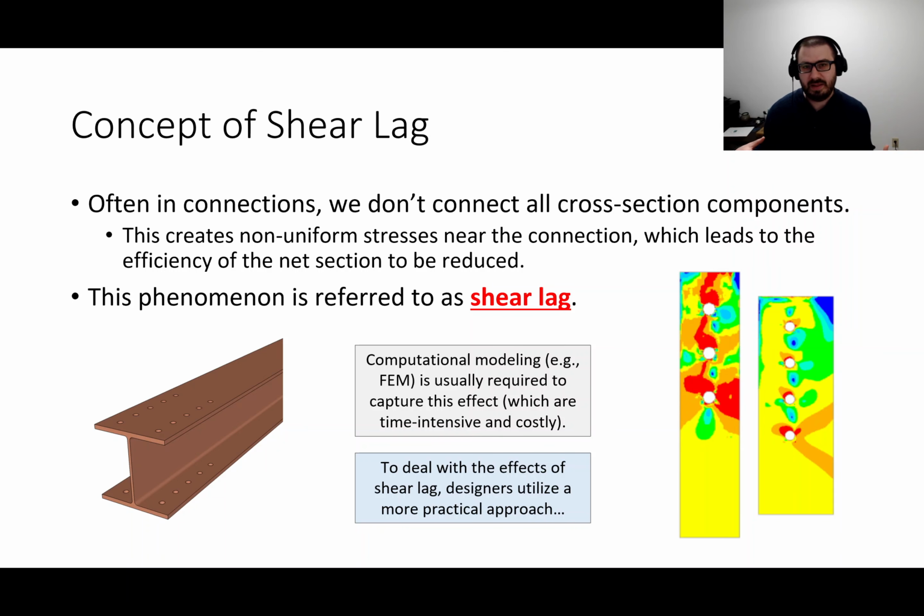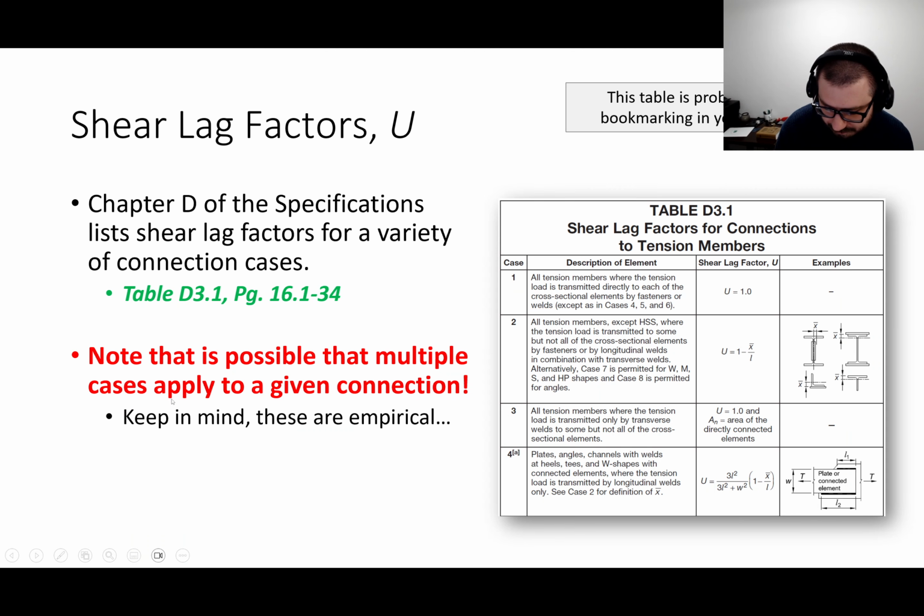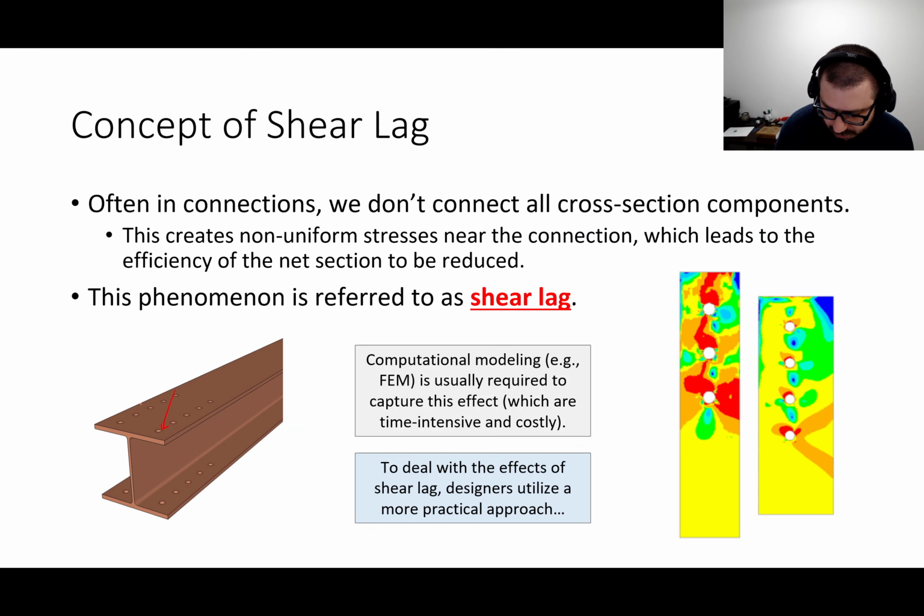It is an I shape or W section connected via the flanges. You can see we've got bolt holes in the flange. But the big thing is, what about the web? There are no bolts going through the web, so we have not connected all of the cross-section components. We've only connected some of them, okay?